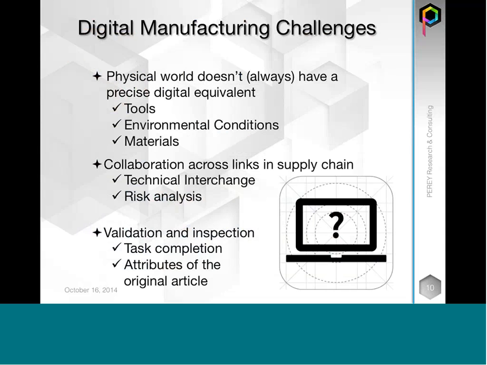So digital manufacturing is a very exciting field, but it doesn't solve all the problems for everyone all the time. There are a number of remaining things that we know we need to work on. One of them is that the physical world doesn't always have a digital equivalent or a digital analog. Some tools are entirely in the physical world, and no one has ever created a model that describes that tool perfectly, its shape, its functions, all of its features.